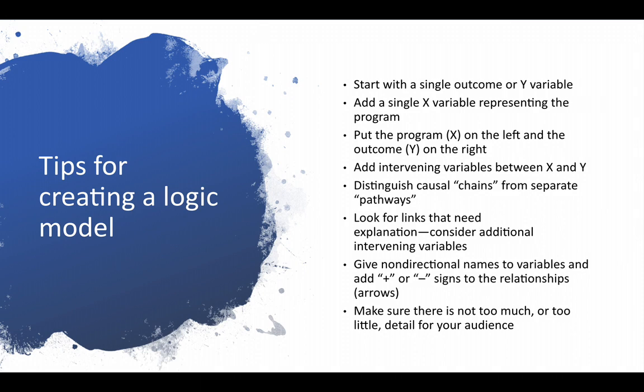It depends on your preference. But anyway, you need to remember which one is your independent variable and which one is your dependent variable. And then you add the intervening variables between X and Y, right? So you distinguish causal chains from separate pathways, and then you look at links that need to be explained.